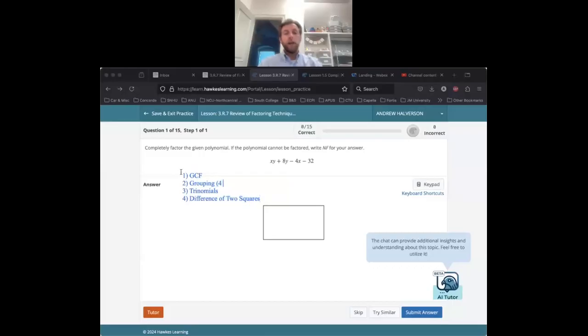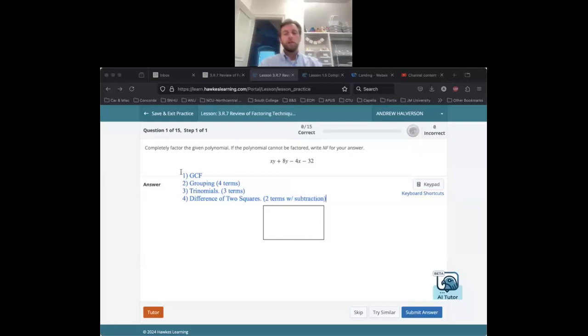Grouping has four terms. That's the giveaway. Trinomials, how many terms? TRI means 3, three terms. And difference of two squares, two terms with subtraction in the middle.